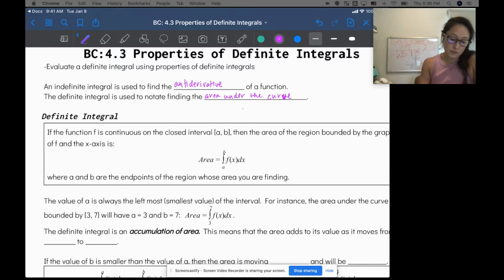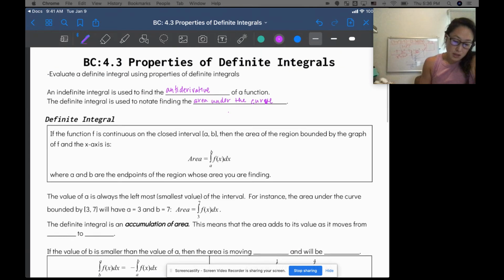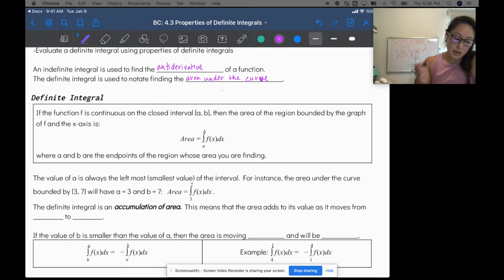If the function is continuous on the closed interval a to b, then the area of the region bounded by the graph of f and the x-axis is defined by our integral. a is the lower bound, b is the upper bound, and f is the function.